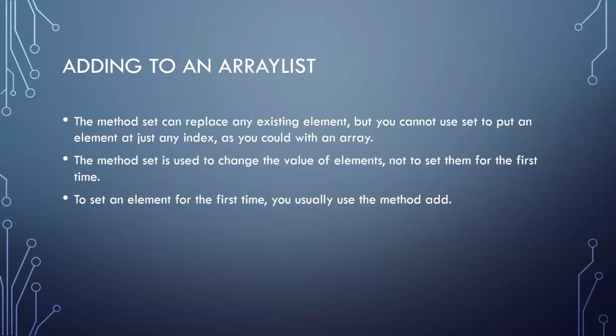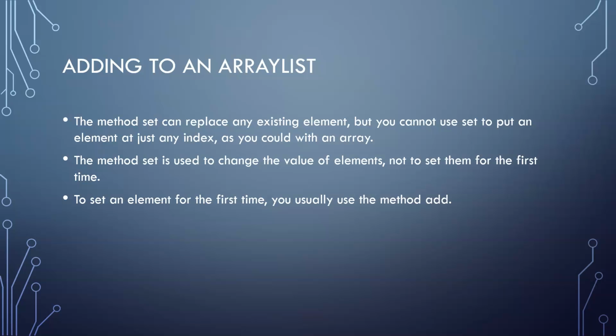So there is a slight drawback in that. A lot of times in classes, we can just use the set method and it'll change the value. Well, with ArrayList, you can't use set to add an initial value. So if we had, let's say, five slots in the ArrayList, and we want to add a sixth one, so we increase the size, we can't just set the sixth element.